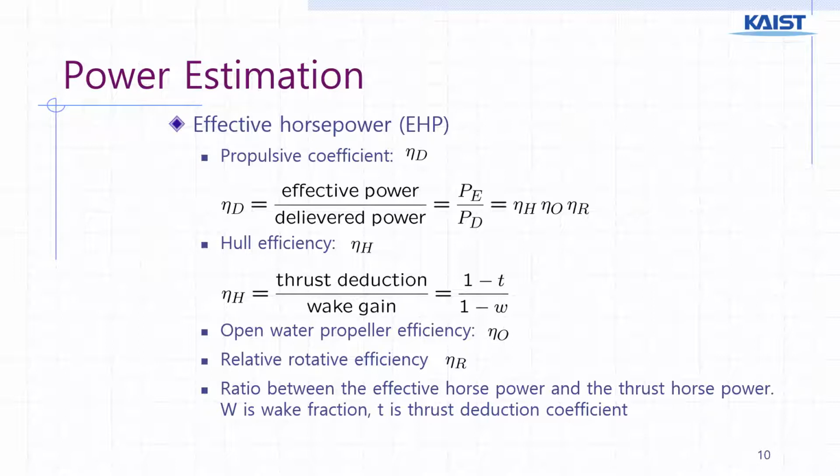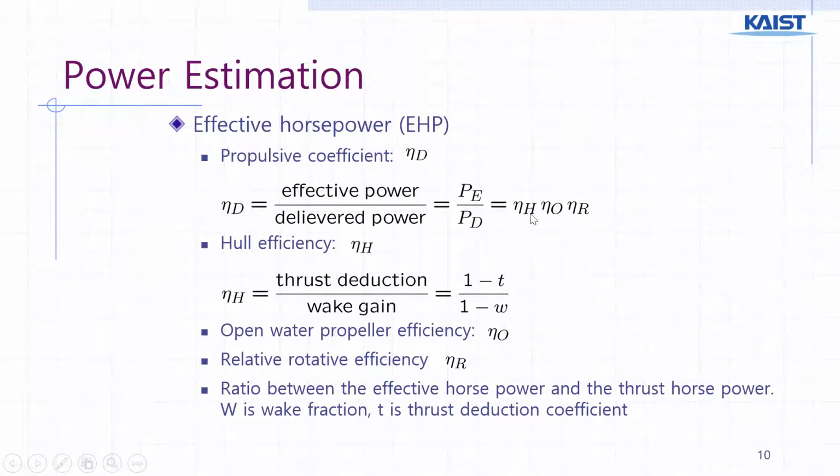So it's not easy. Anyway, effective horsepower is most important for the speed, and there is a propulsive efficiency between PE and PD, and the propulsive efficiency is made of three parts: H, O and R. This is an important portion of propulsion or propeller.